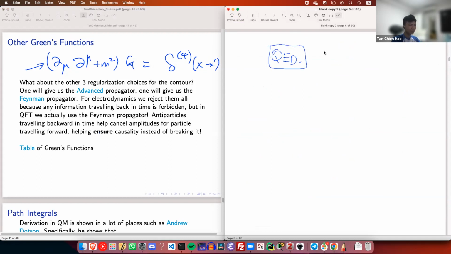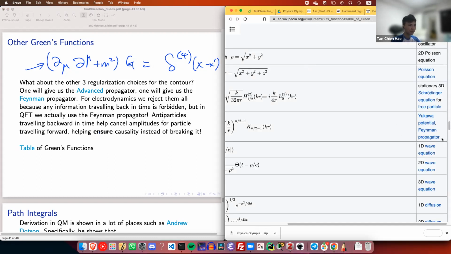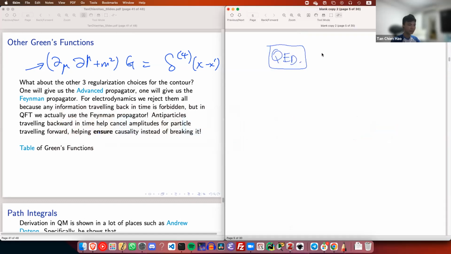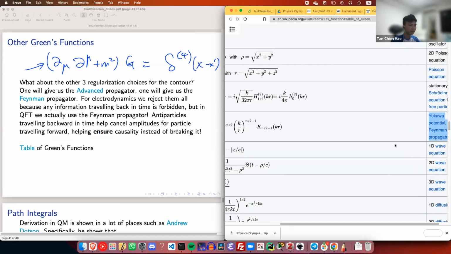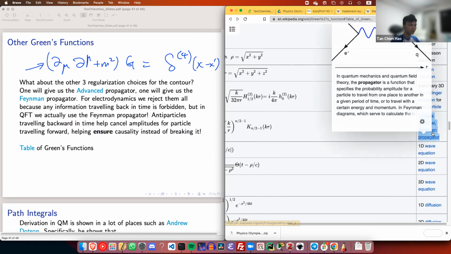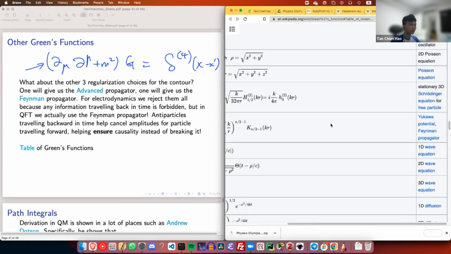That will require us to understand quite a few concepts, including propagators and spinors, because QED fermions are spinors. So the Yukawa potential and Feynman propagator is definitely a stepping stone towards QED. It's one of the ingredients of QED, so it'd be good to take a good look at the Feynman propagator.